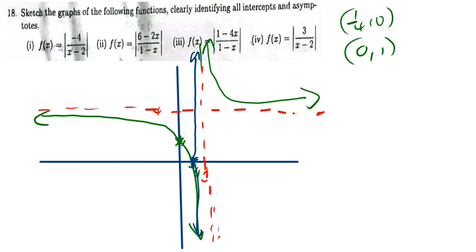Then you put this one in dotted form, clearly to show that that was my original. But because there is a modulus, it has gone on top. So you just reflect it to the positive part. So I want you to go ahead and try this one and that one.